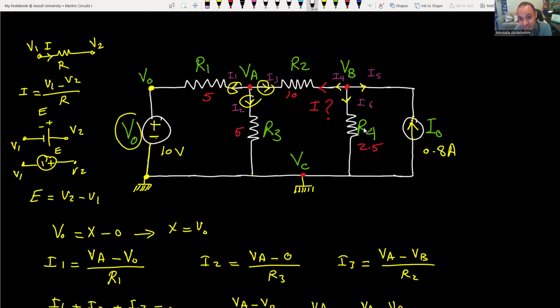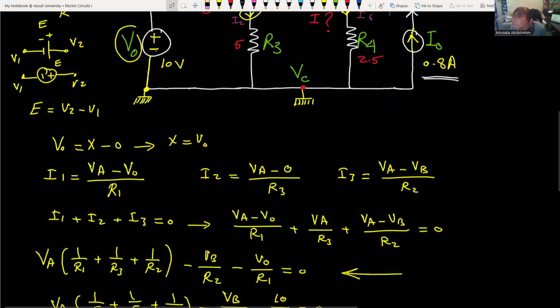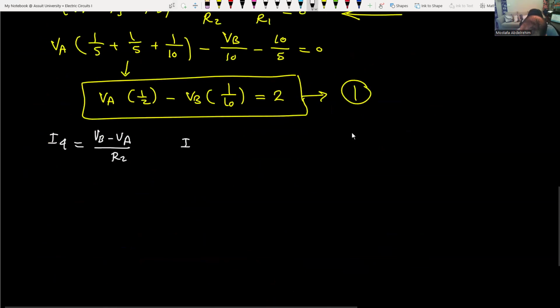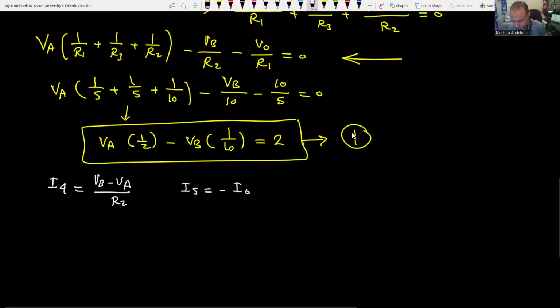There is a current source here that provides a constant current equal to 0.8 amperes, but it's flowing in that direction. So this is I naught. It's opposite to I5, but it's the same branch, so it's the same charges, the same rate of electrons. So I5 will be minus I naught, which is minus 0.8.